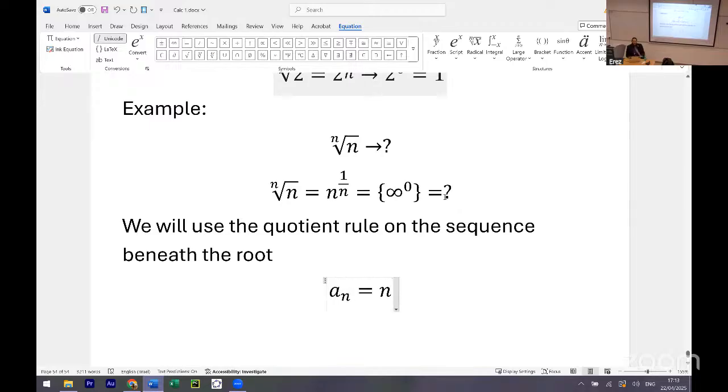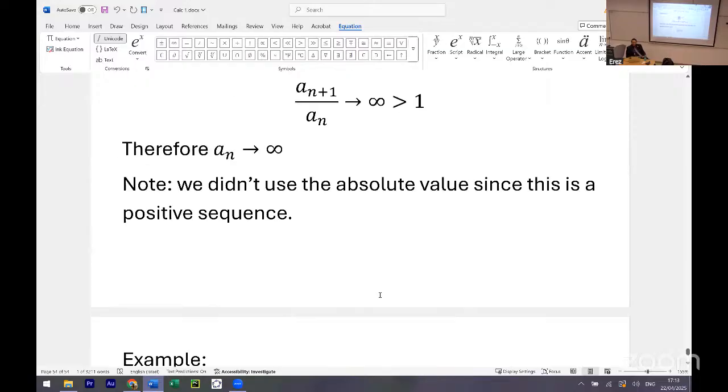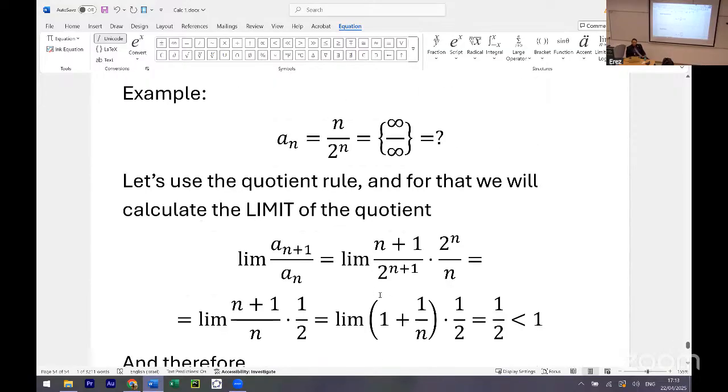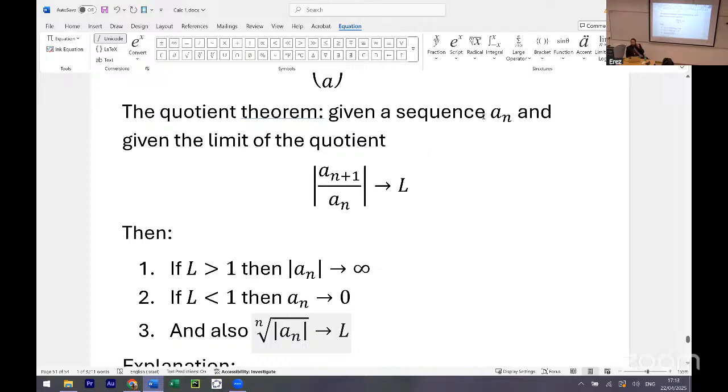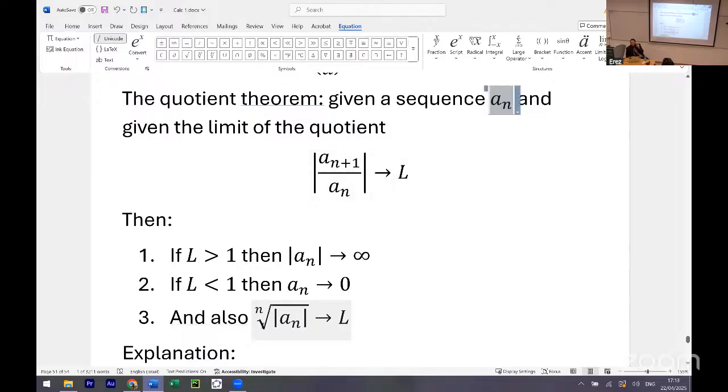I think that's the main thing that confuses students the most. They usually try to do the quotient rule on the sequence we asked about, but no, we need to use the quotient rule on n because it will tell us about the n root of n. Look again. If I know that the quotient of the series an tends to L, then the n root of an tends to L. So we need to look at this sequence.